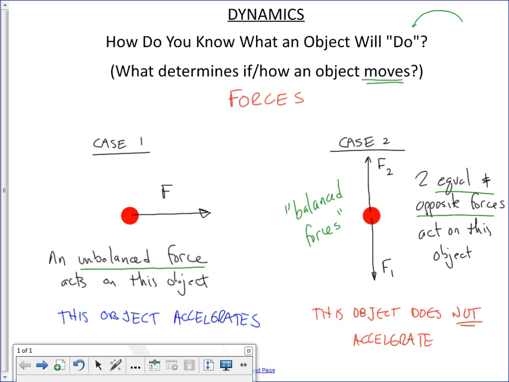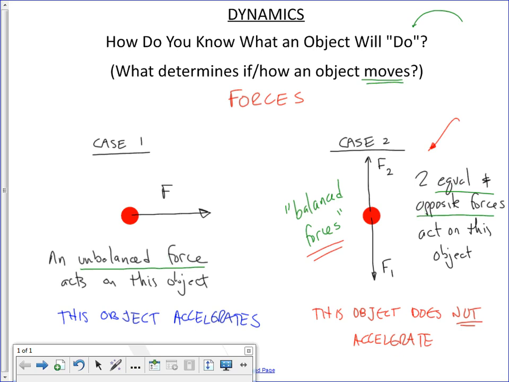Every object in the universe right now, depending on what we call your frame of reference, is either accelerating or it isn't. And if it isn't, it's because of a situation, at least in some way, comparable to this, because there are what we call balanced forces acting on the object.